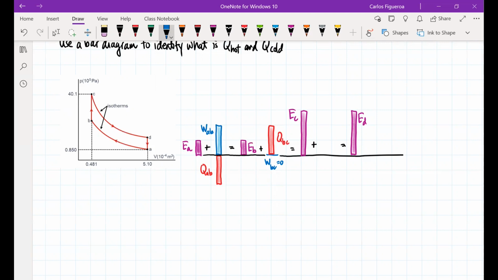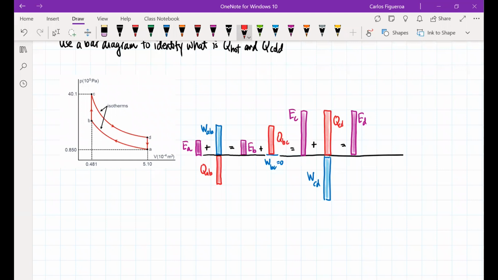And you could see that from A to B, that's a smaller area than from C to D. So I have to have a bigger work here. So now this is the work from C to D. If that's 3 squares, then the heating must also be 3 squares. It has to compensate for that. So now this is the heating between C and D, and it looks like this.